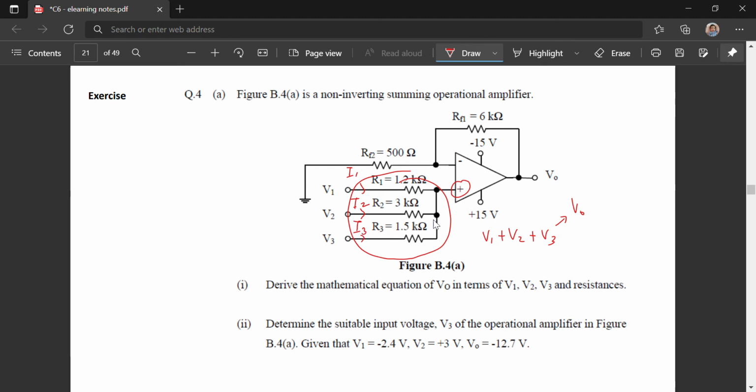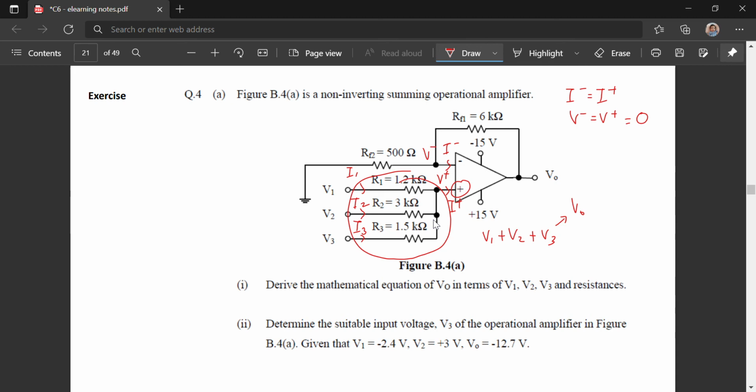Here we have V minus, here V plus, here I minus, here I plus. So we take the ideal case for the op-amp: I minus equals I plus, V minus equals V plus.